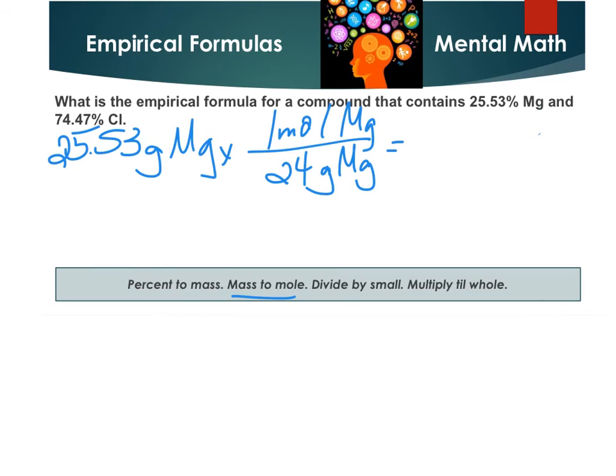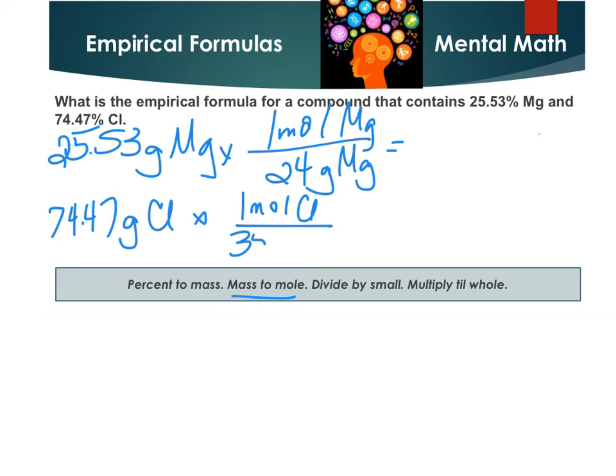Then chlorine: we have 74.47%, but really that's grams of chlorine, and for every 1 mole of chlorine there are 35 grams per mole. So 25.53 divided by 24 gives us 1.06 moles of magnesium, and 74.47 divided by 35 gives us 2.13 moles of chlorine.